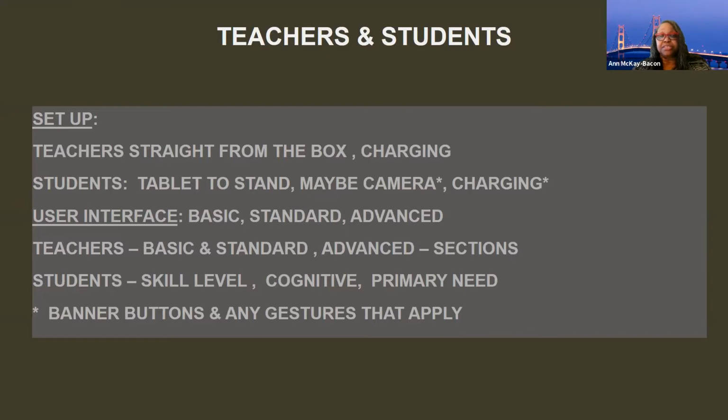Now, with students, depending on their skill level, their cognitive level, and their primary need, I generally look at basic for those who are very beginning. All we're looking at is magnification. I don't want to fool around with a lot of the buttons if they're young or very busy with their hands. I just usually start off with basic.